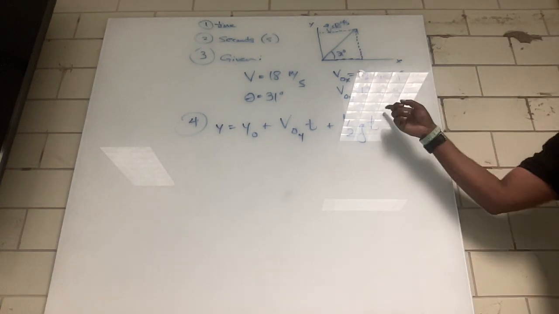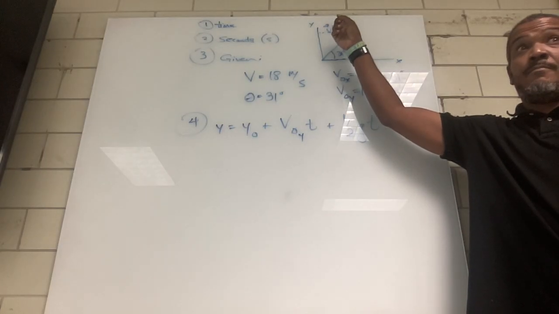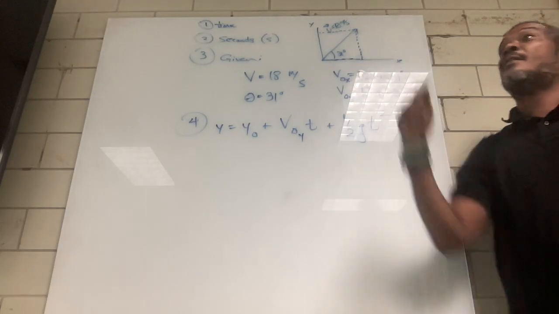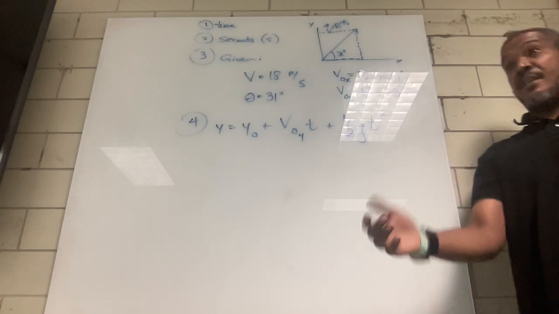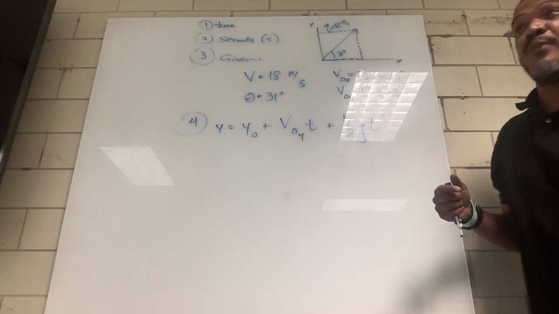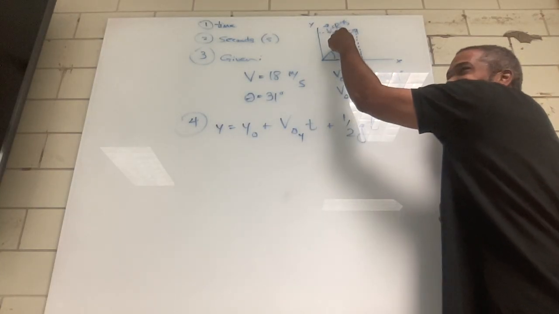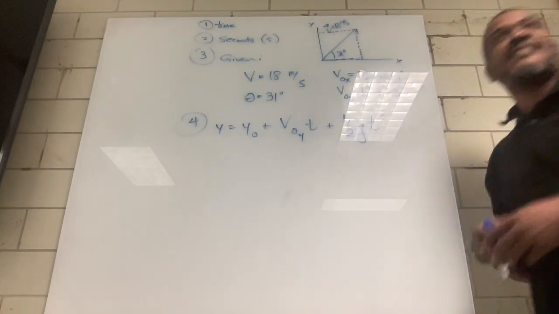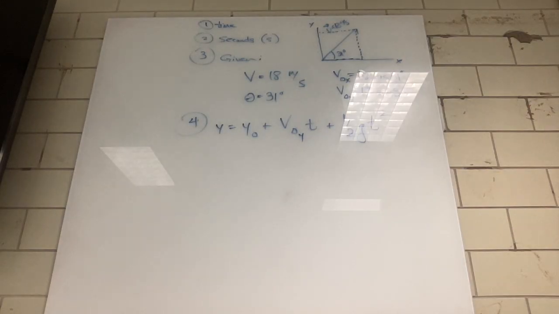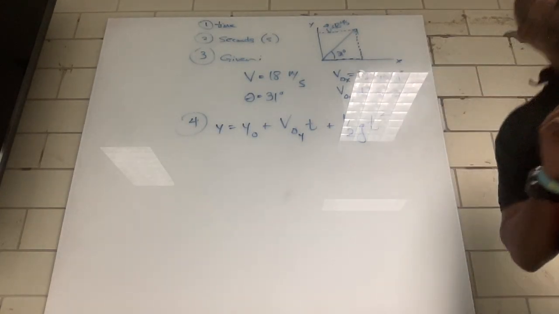If I put these two back together, I'm going to come back with what? How did we get them? We got these by the Pythagorean theorem. So if I go the other way and put these back in the Pythagorean theorem, I'm going to get 18. That's how we got 18, because that's how we got these, from the 18.